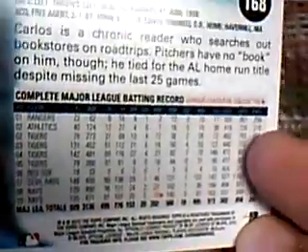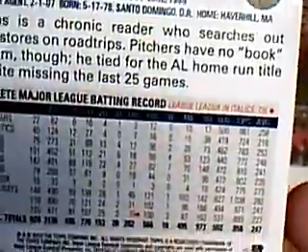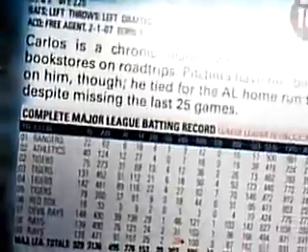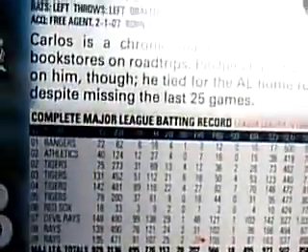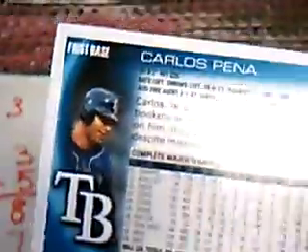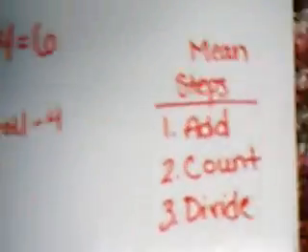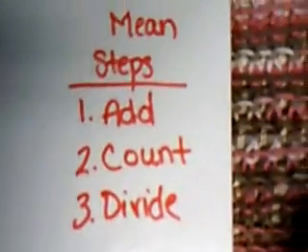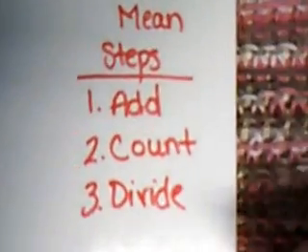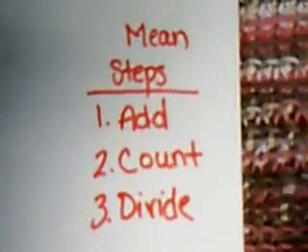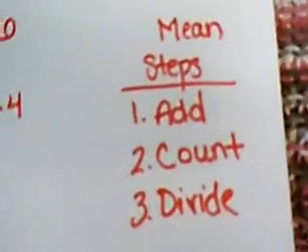Now this last column over here is the average of things, and so you black that out, and then you have children actually figure out the averages of the teams or anything like that. And so this is a great way to also work with children and average. So that is finding average and using those steps to actually learn how to compute the mean of different things and using the mean in your everyday life.